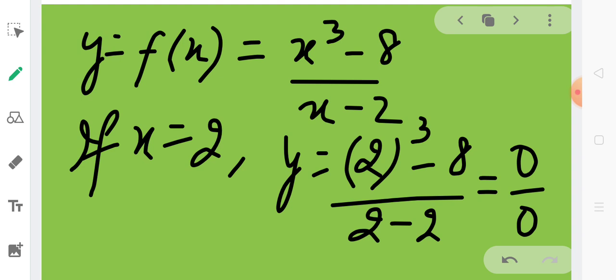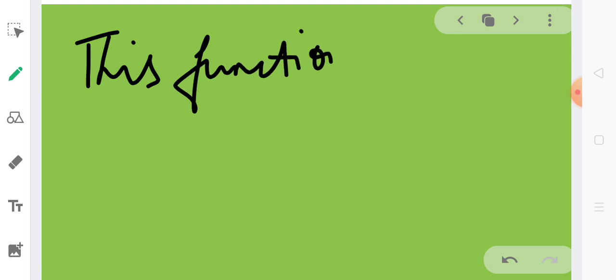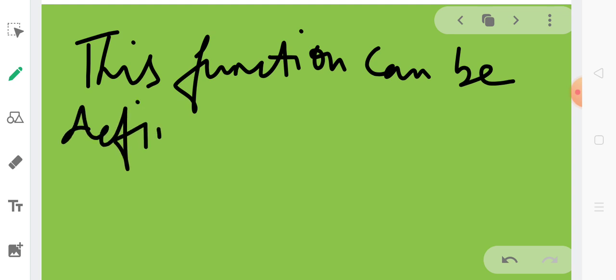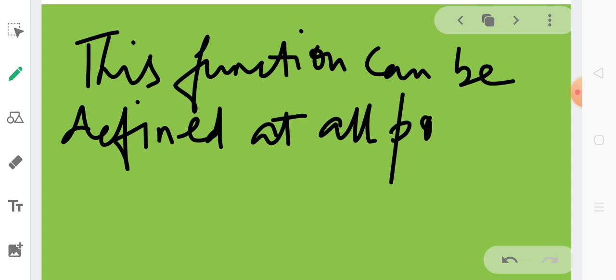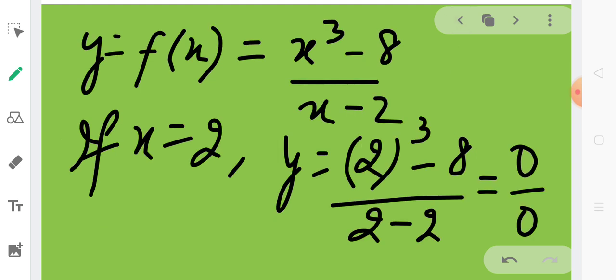So we can say that this function can be defined at all points except x equal to 2, isn't it? So I can write down that this function can be defined at all points except x equal to 2, because if we use x equal to 2, as you can see it has assumed the form 0 by 0.